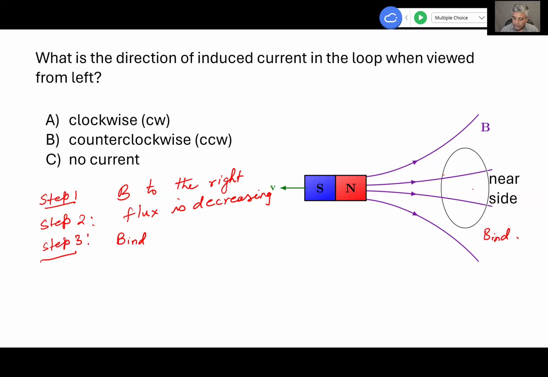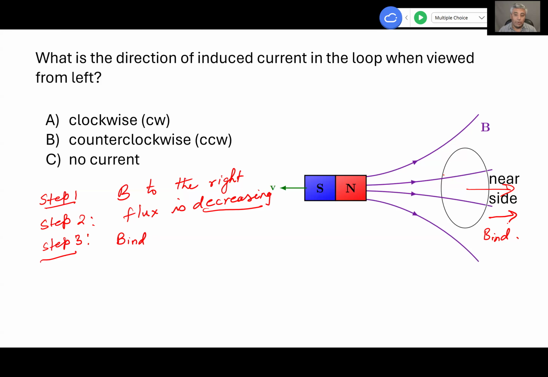So in this case, the field is in this direction and it is decreasing because the magnet is moving away from the coil. That's what we said. So that means it opposes it. So it says, okay, don't decrease, don't decrease, I'm going to help. So how do you help not to decrease? By inducing magnetic field in the same direction.